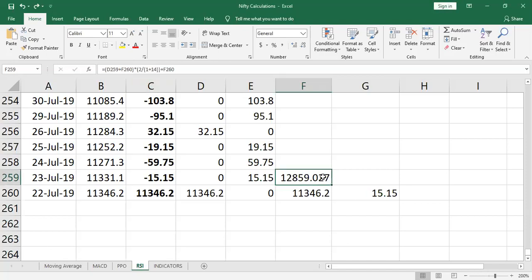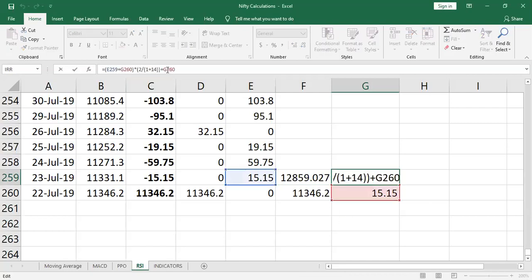Now the same formula will be copy pasted here and only the numbers will change. Let's check. The current minus previous, into 2, divided by 1 plus period, plus previous.